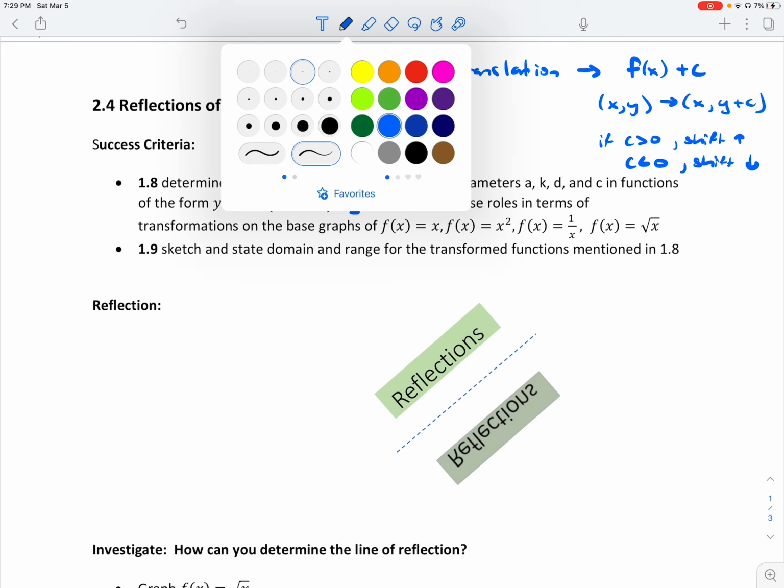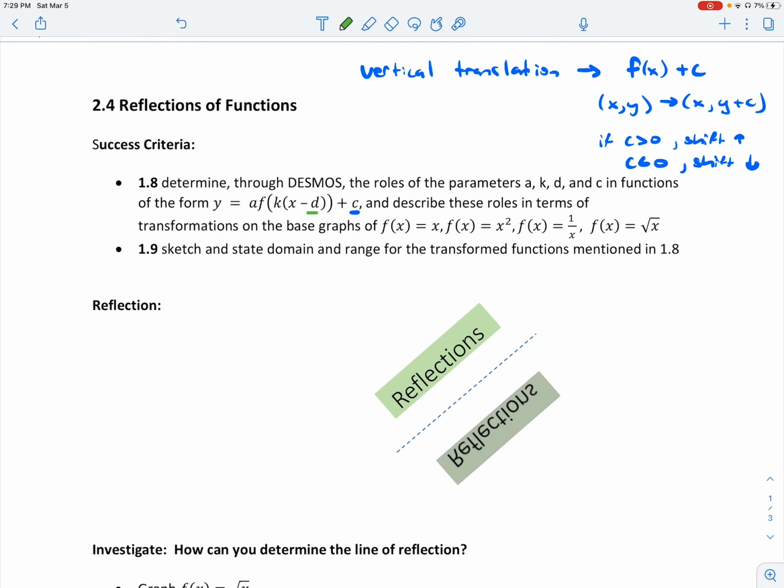We also have the horizontal one. This has to do with the value of d. We'll say the horizontal translation. This is when we take f of x and the x value, we subtract d from it. What this will do is our points x, y map over to x plus d comma y.